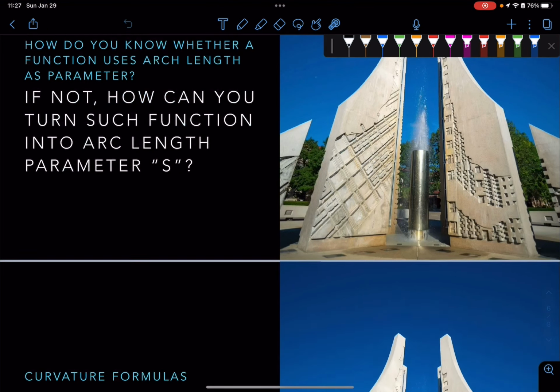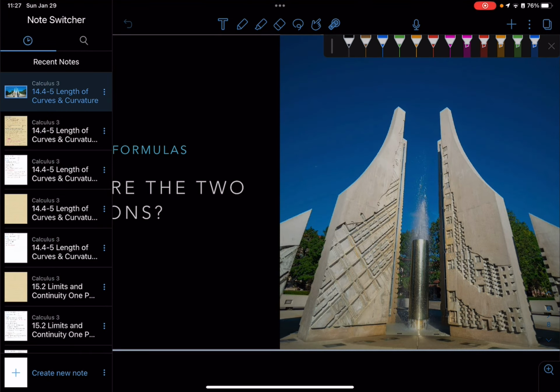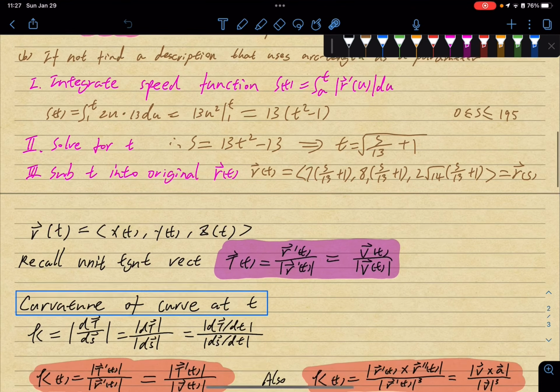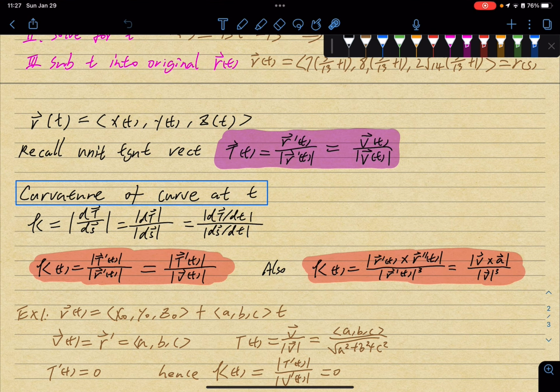So, curvature formulas. This one is quite simple. You just need to memorize these two formulas as you enter your exam. There's not much of a trick to it. So here you go. This is the first curvature formula.